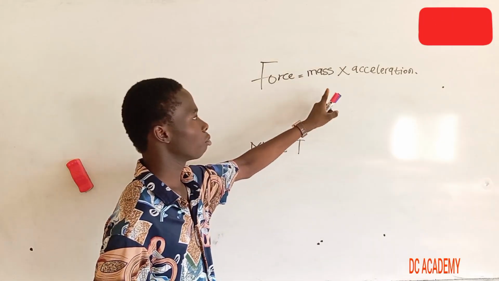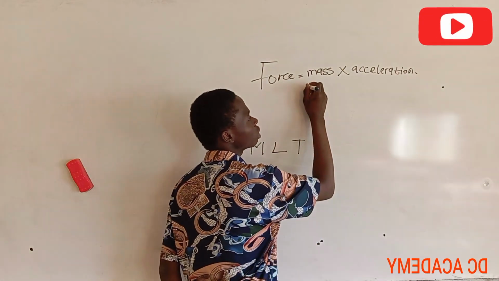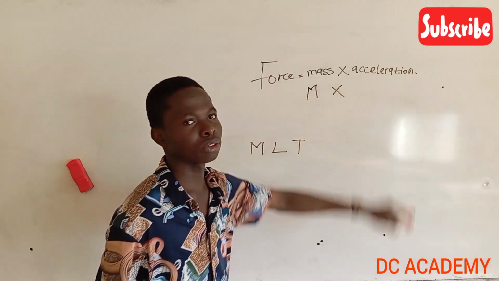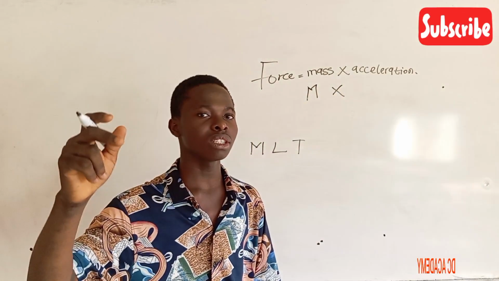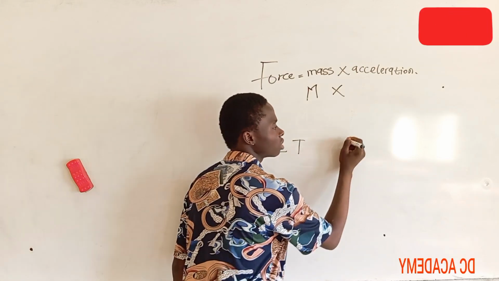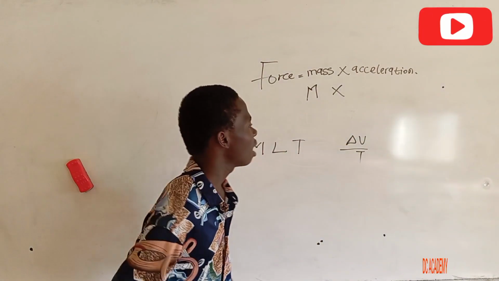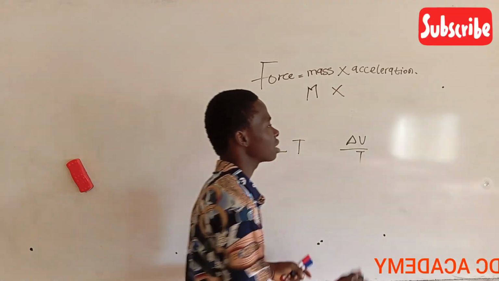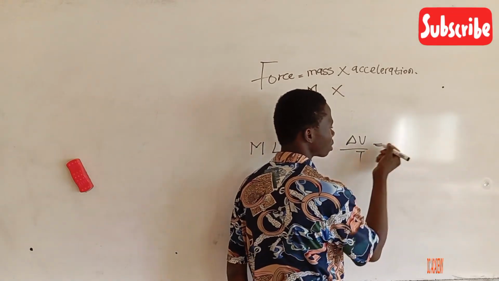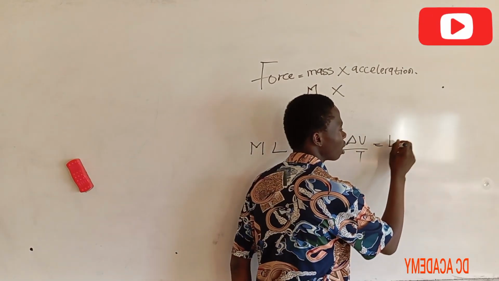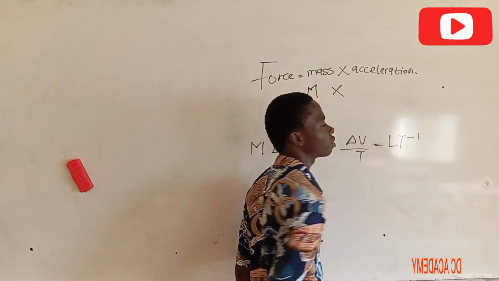Mass is simply M. Then we multiply by acceleration, that's change in velocity over time. And velocity itself is LT minus 1.